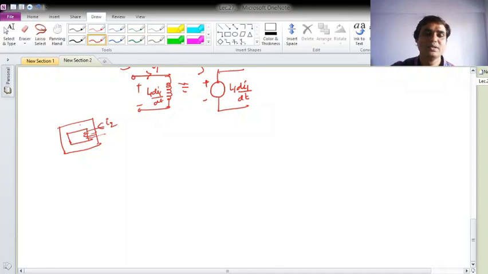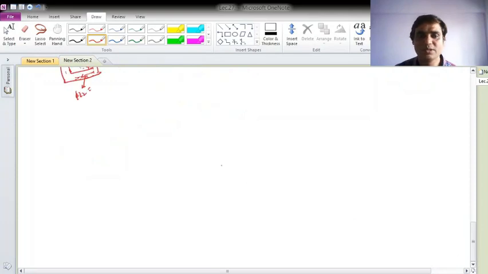Again by the right hand thumb rule, flux will be produced in this direction. This is my total flux, which will be phi m2 plus the leakage flux. This flux will again move in this magnetic core this way. Now this way we can define the self inductance for coil 1, and similarly for coil 2 also.